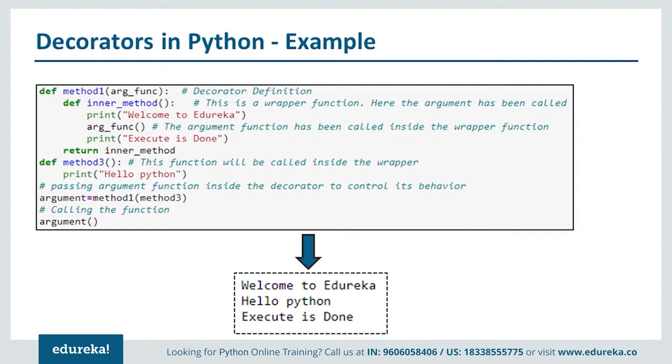I'm passing method 1 as a function to the argument, but I'm also giving method 3 as an argument to method 1. Once this is executed, you will see the end result: welcome to Edureka, then hello Python is executed, and then execute is done. So you will see these 3 different outputs executed all together. This is how decorators are used and implemented in the Python programming language.